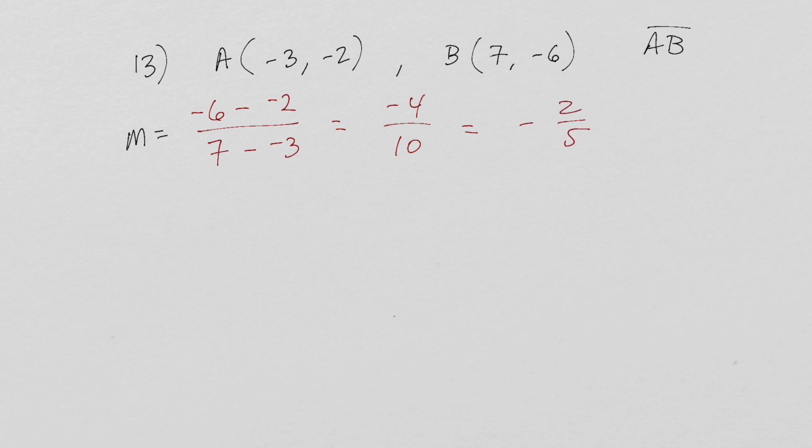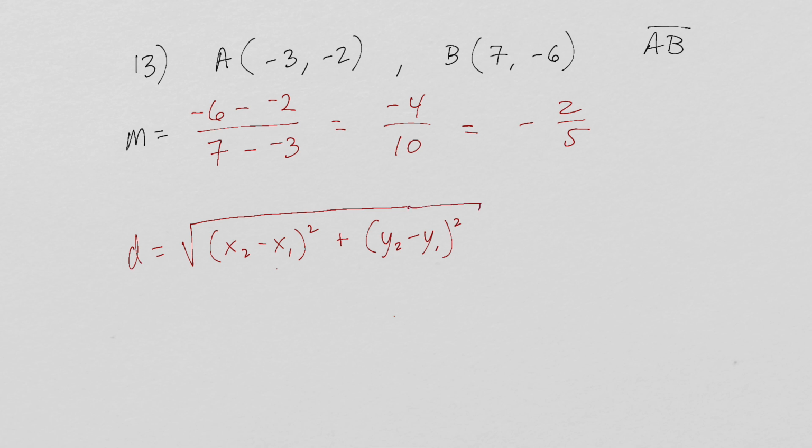That's the slope. And now they want the distance. The distance is Pythagorean's theorem, which is x2 minus x1 squared plus y2 minus y1 squared. Okay. x2 is the x value of the second point, which is 7, minus the x value of the first point, which is negative 3.